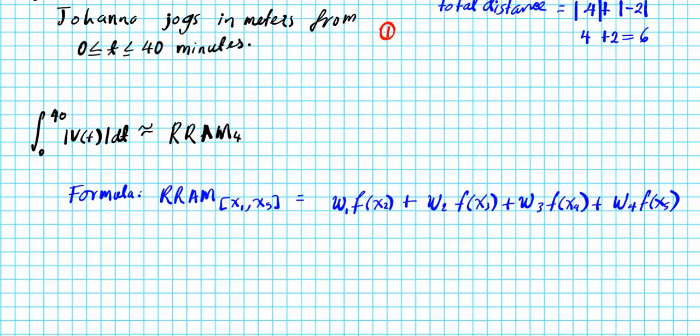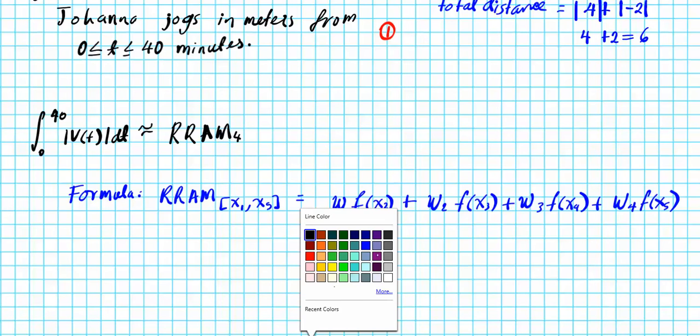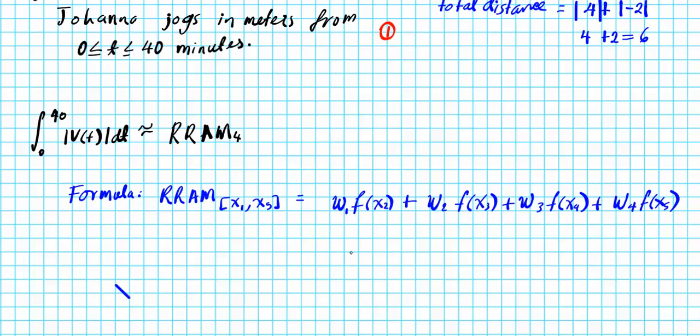Okay, so let me give you a visual on how to do this. Now, whenever you're doing rectangle approximation problems, the first thing you always want to do to help you organize your intervals is to draw a visual. Give yourself a well-labeled visual, okay? So let's say this is our time span right here. We're going from x1 to x5.